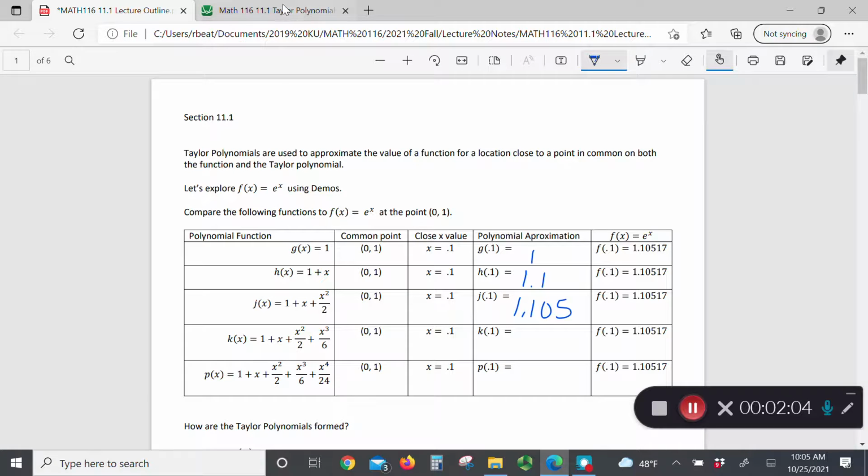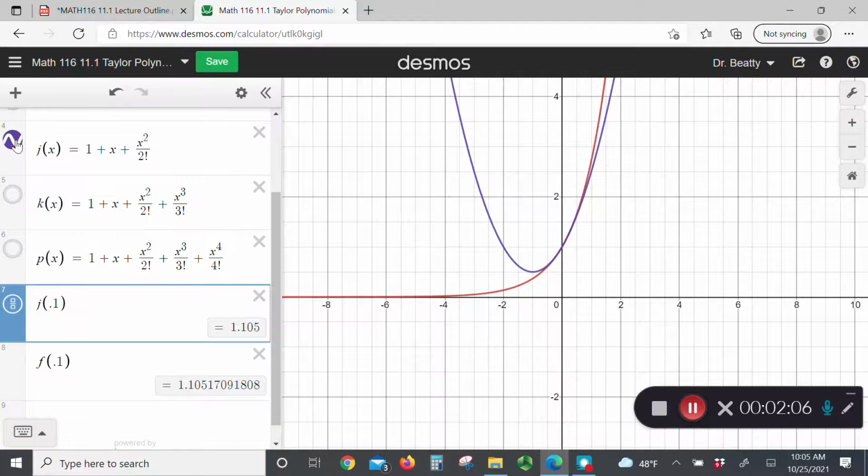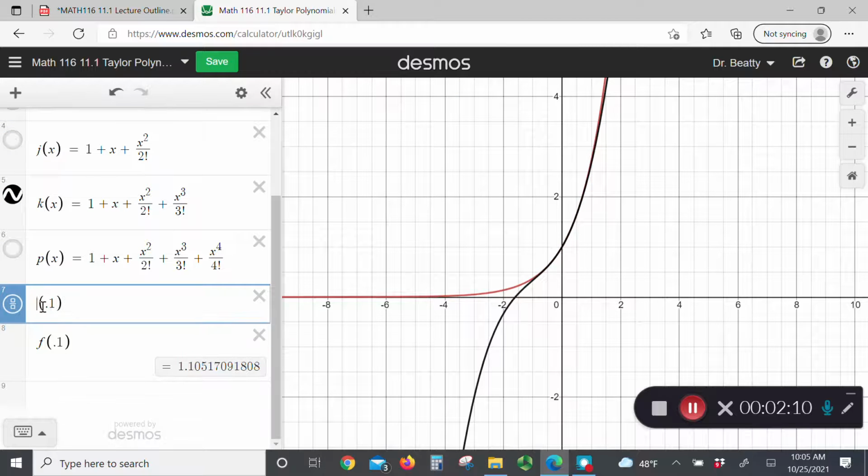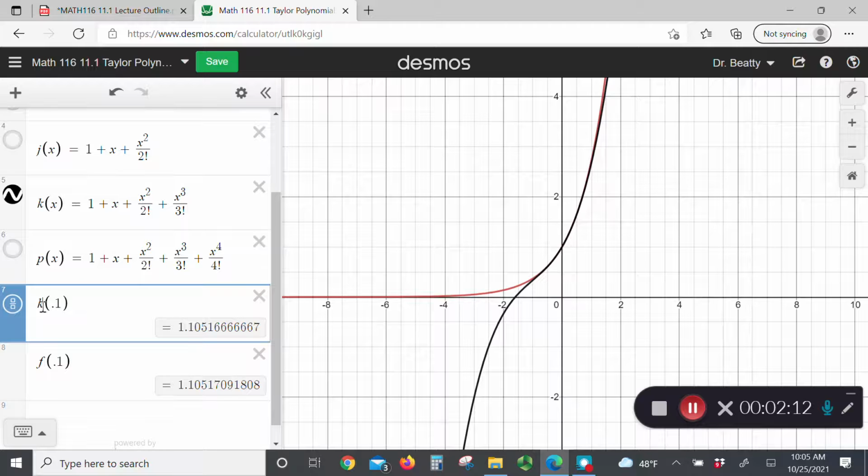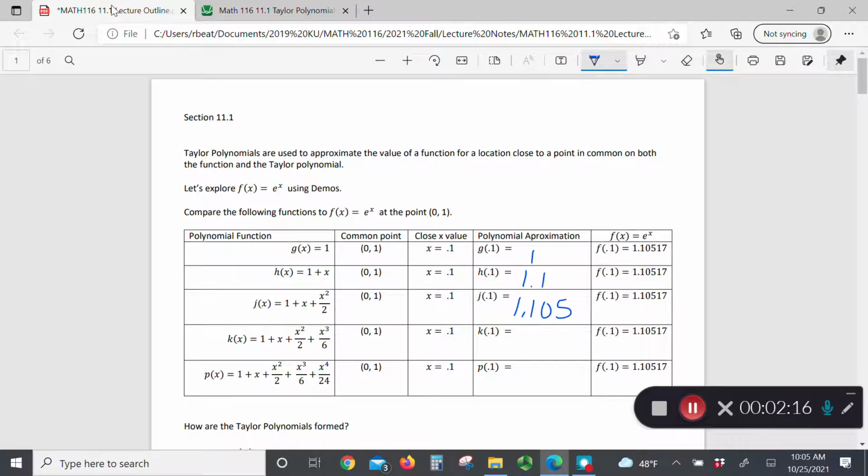And if I use the function k, I get 1.10516, and the 6 is repeating. So I'm getting ever so close.